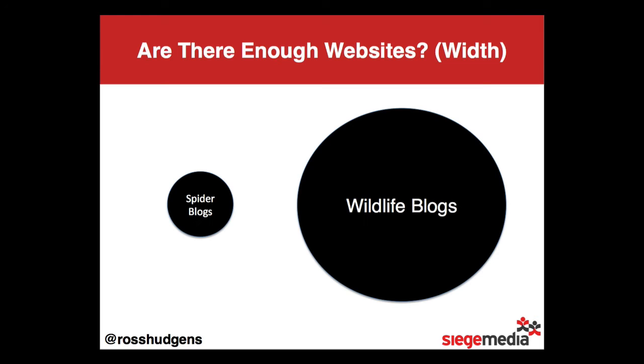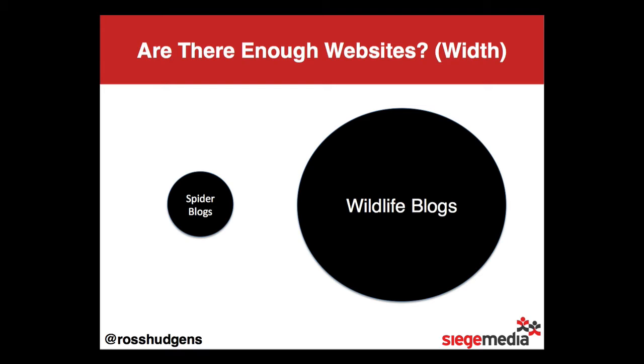So one way to look at that is, are there enough websites in a certain niche? If you're looking at content specific to spiders and you're pitching a set of spider blogs, there's probably a very finite number of those available to you to do outreach to. That means there might only be 20 or so, probably on the high side, targets that are really strong in the spider space that you can reach out with content regarding that.